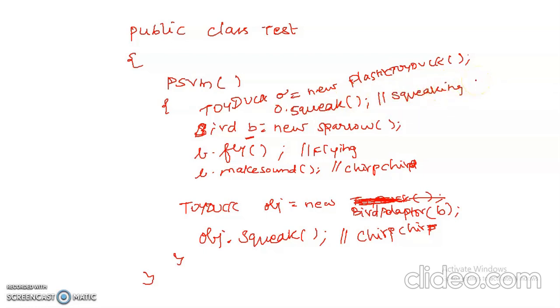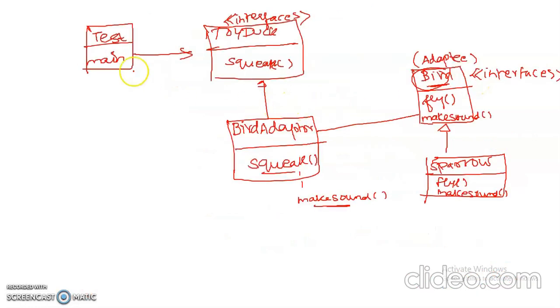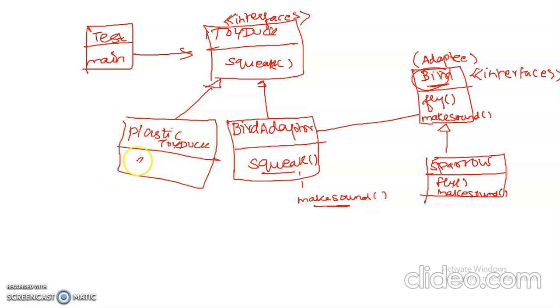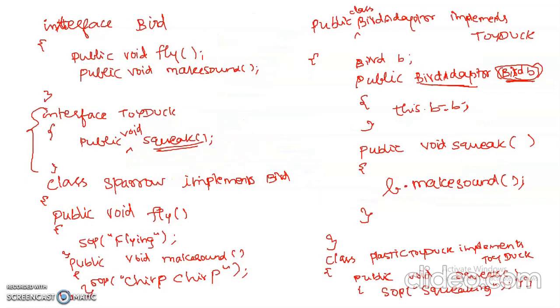Okay, let us see an overview of it. So we had four classes: client, adapter, adaptee, as well as target, and we have used the Sparrow class to implement this Bird interface, and we have used PlasticToyDuck to implement this ToyDuck interface.